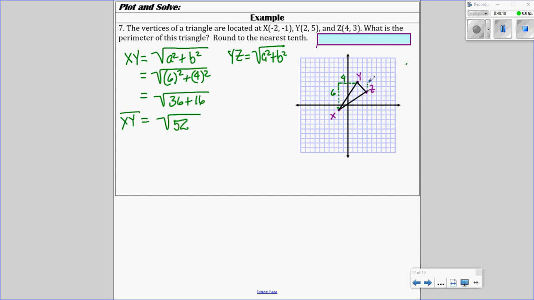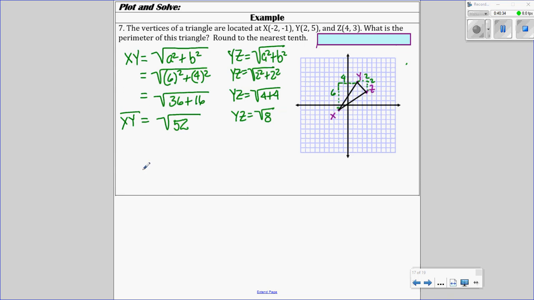So this one, this is 1, 2. That's 2, and this is 2. So yz is square root of 2 squared plus 2 squared. So I'm going to have 4 plus 4 gives me 8. I'm just going to leave it as the square root of 8.